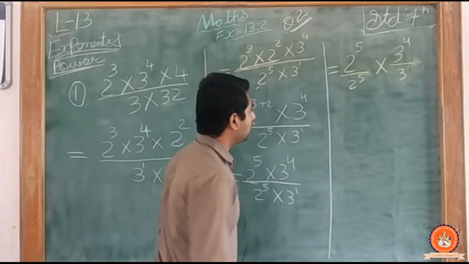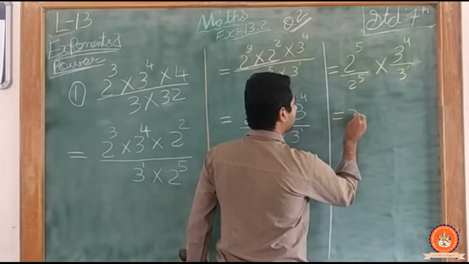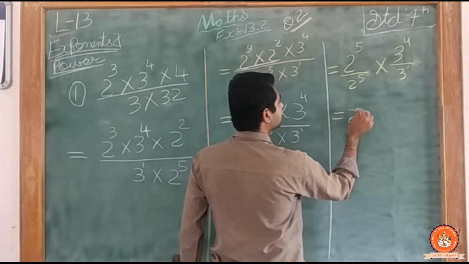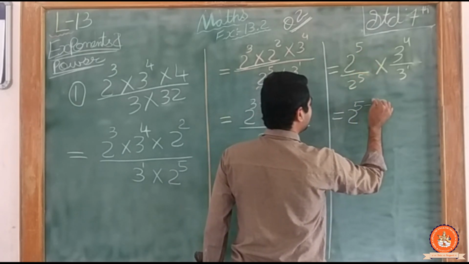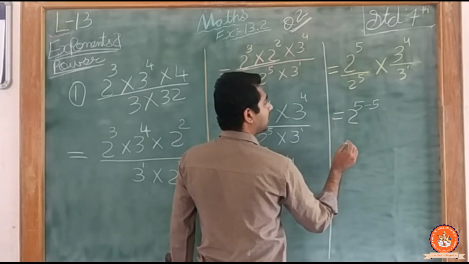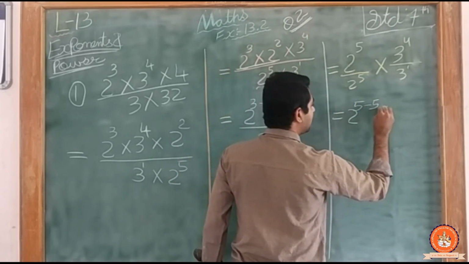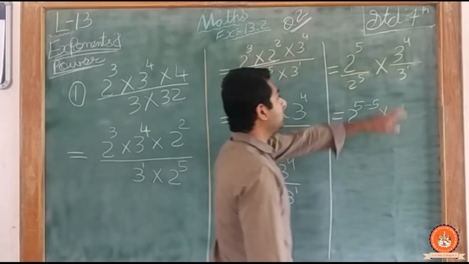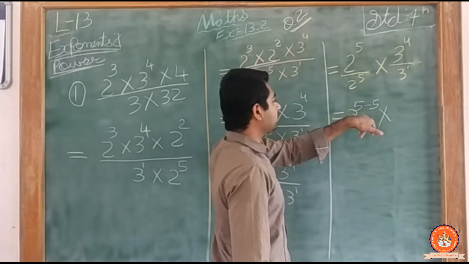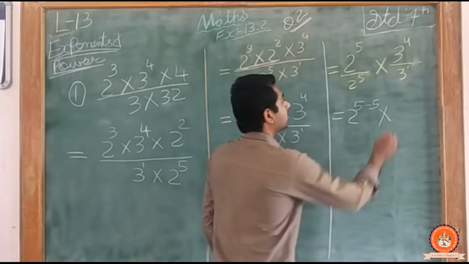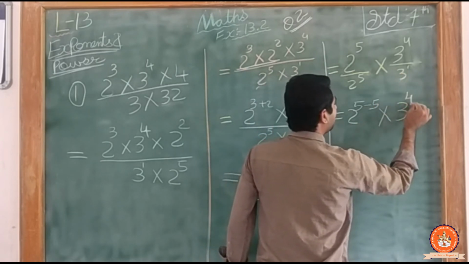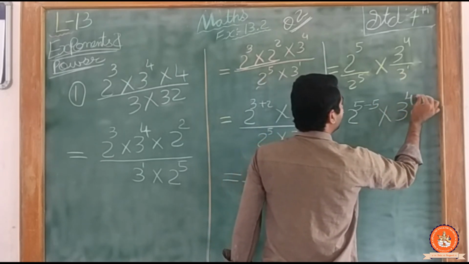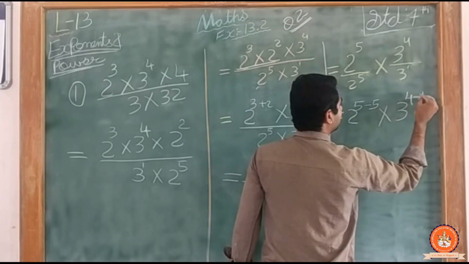So it becomes 2 raised to, both bases are the same, 5 minus 5. That means the powers are subtracted. Now I put the multiply sign here. Similarly I will apply this formula here also. The bases are the same, 3 raised to 4 is a division, that means 4 minus 1.